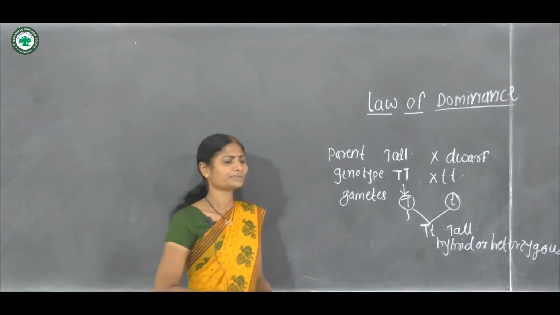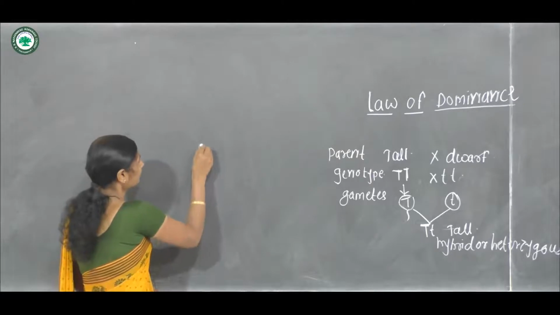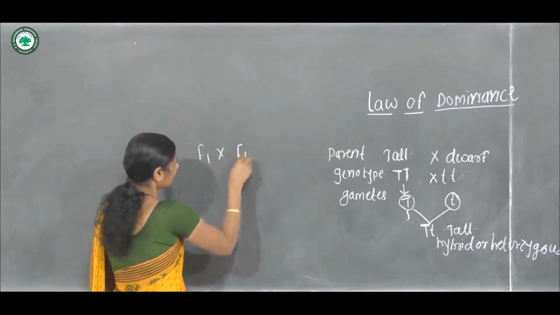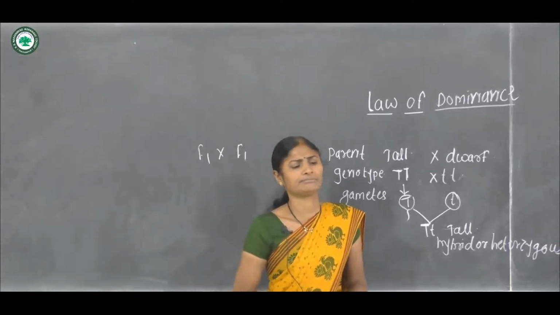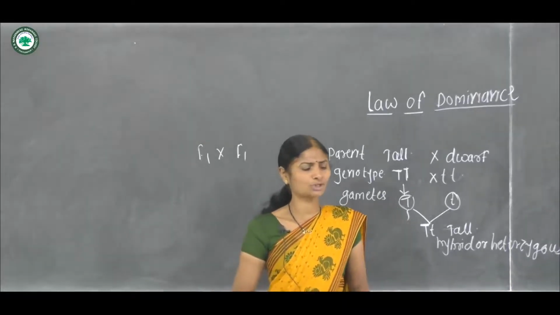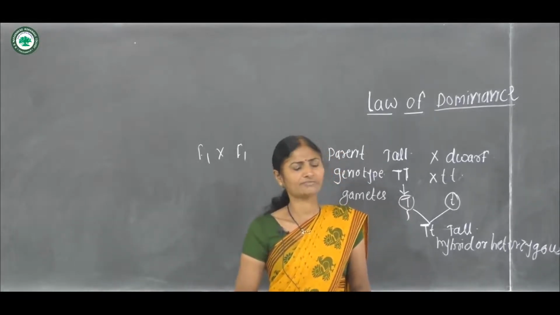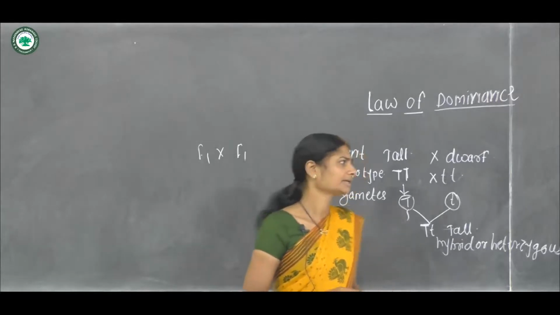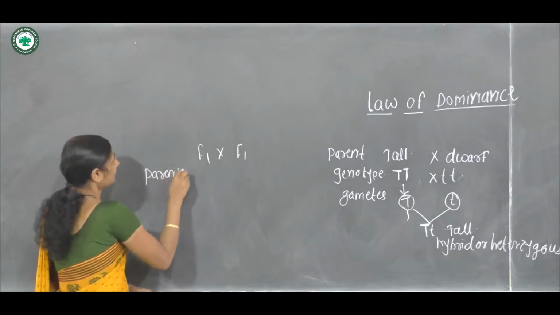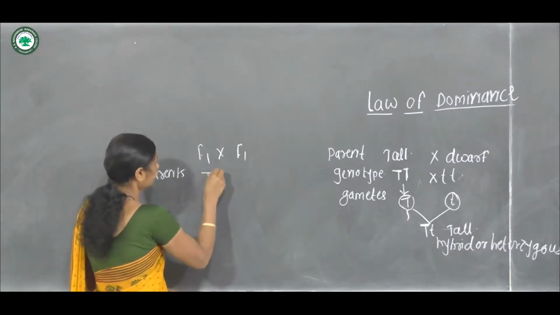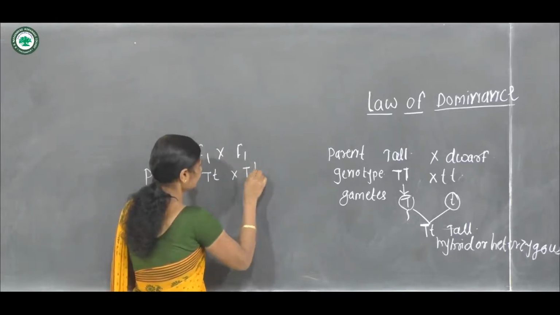In the F2 generation, F1 is crossed with F1, a self cross takes place, and in the selfing method Mendel obtained the ratio 3:1. Two types of gametes were formed in the F1 plant. Here the parents from the F1 generation, capital T small t, are crossed with capital T small t.